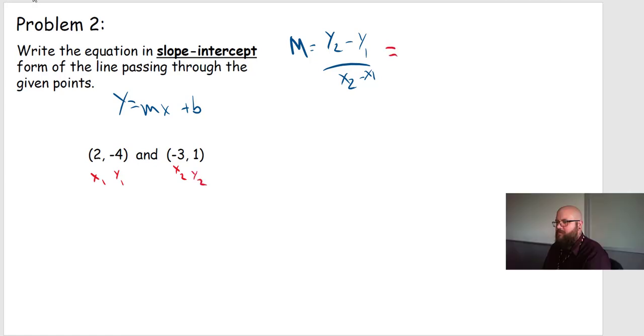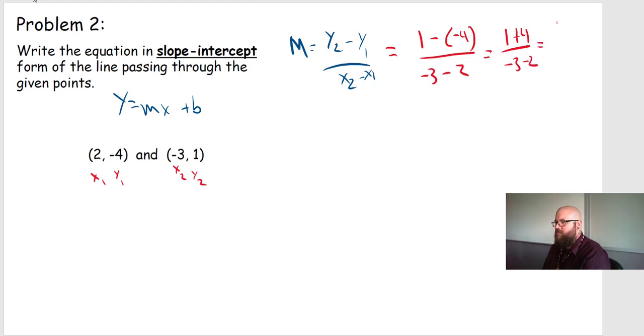So for our slope, we have 1 minus a negative 4 over negative 3 minus 2. So on top, minus a negative value makes a positive, so it's 1 plus 4 over negative 3 minus 2.